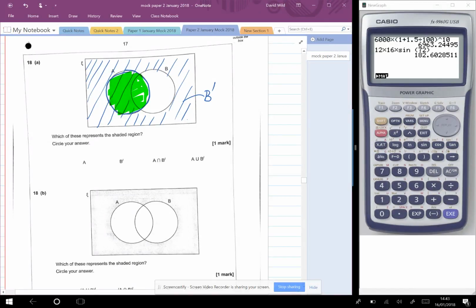So this green is A, and the dark blue shading is not B. We can see that the bit that's actually shaded is this bit here, where the blue crossing shading intersects with the green. Remember, the green was A, the crossing was not B, so it is the intersection of A and not B.